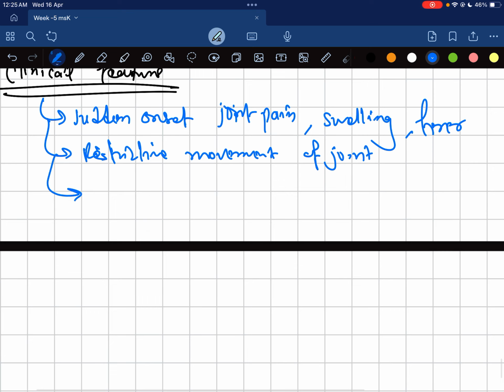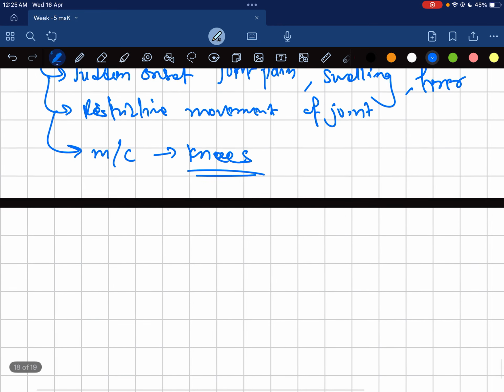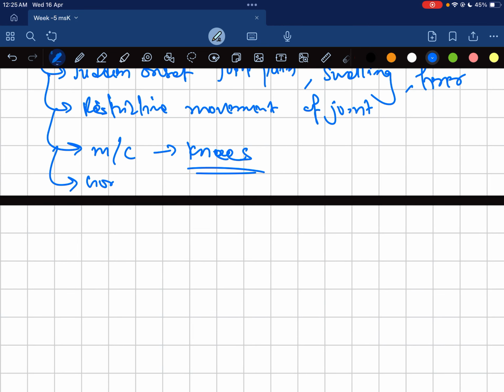In bacterial arthritis, the most common involvement is of the knees. And there is gonococcal arthritis, which often affects young women.